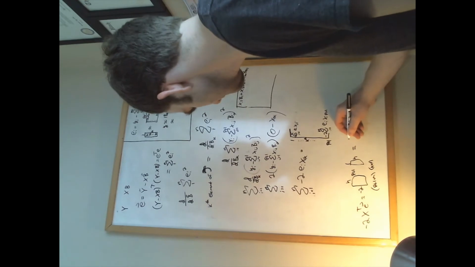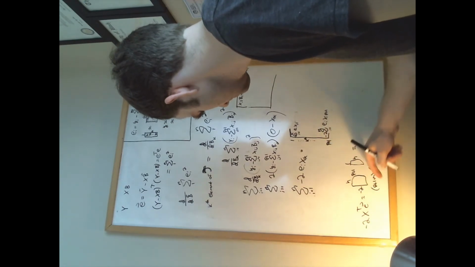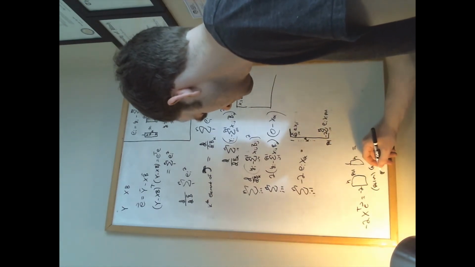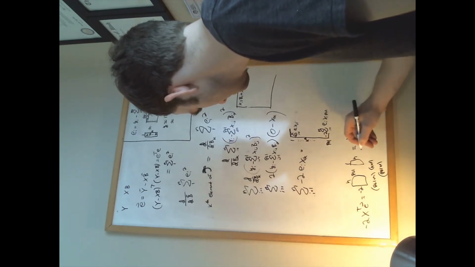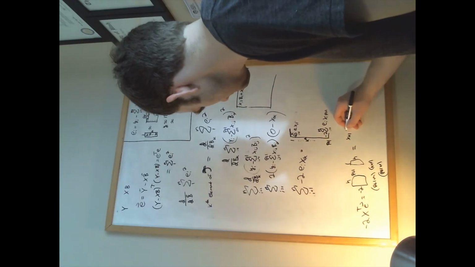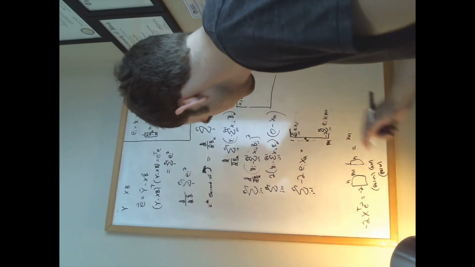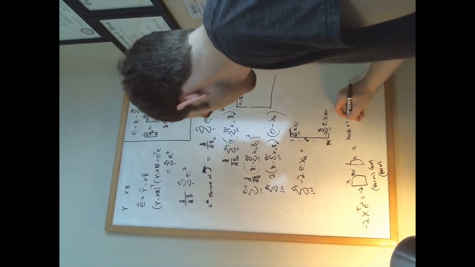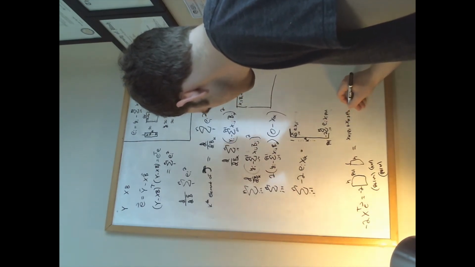For a fixed k, for the first element of our resulting p plus 1 by 1 vector, we're going to have x_k1 multiplied by e1 plus x_k2 multiplied by e2, and so on.